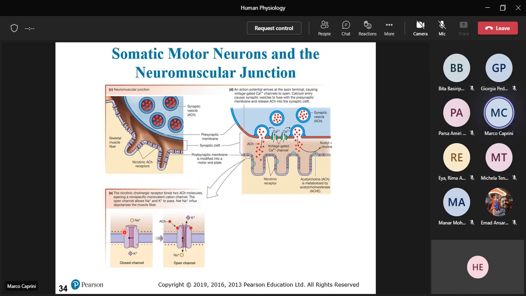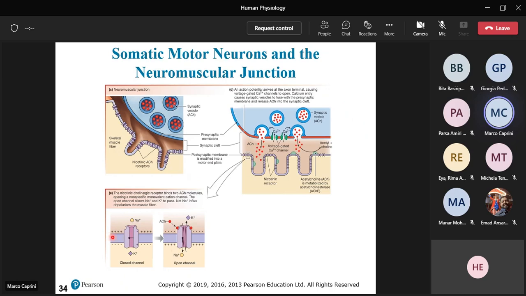When the acetylcholine binds to the alpha subunit of the nicotinic receptor, the sodium ions flow inside of the cell, depolarizing the muscle fiber. You can appreciate here plus, minus, and now minus, plus.